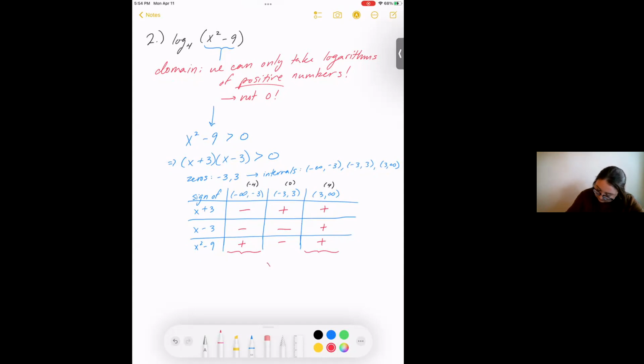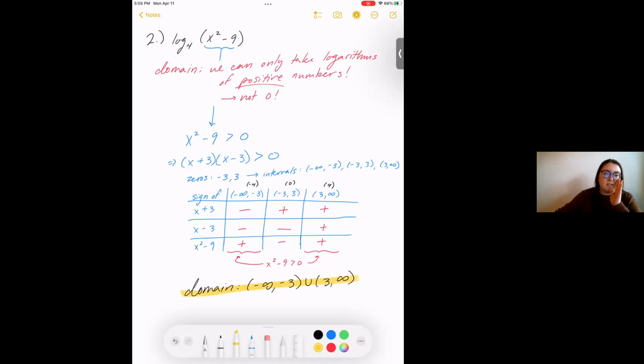We see x squared minus 9 greater than 0 here and here. This means that our domain of our function, since it has to be greater than 0 and not equal to 0, ends up being negative infinity to negative 3 and 3 to infinity. So that would be the domain of our function.